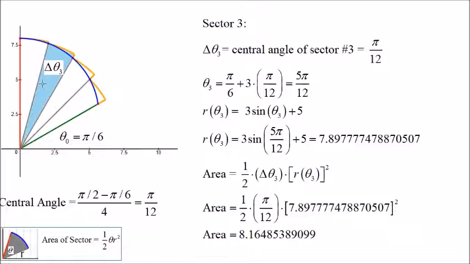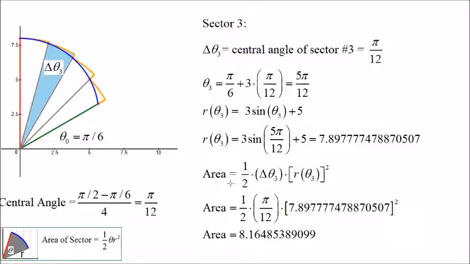And again, to calculate the radius, we can use either one. But here we choose to use the pi over 6 plus 3 pi over 12. And that's 5 pi over 12. And so the radius for sector number 3 is 3 sine of 5 pi over 12 plus 5, which is 7.89.